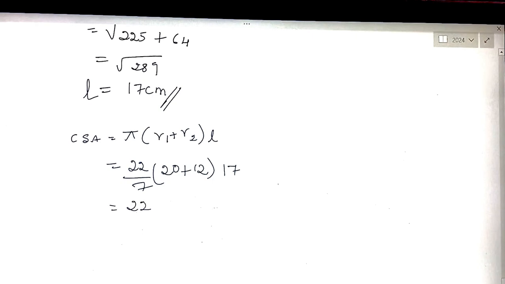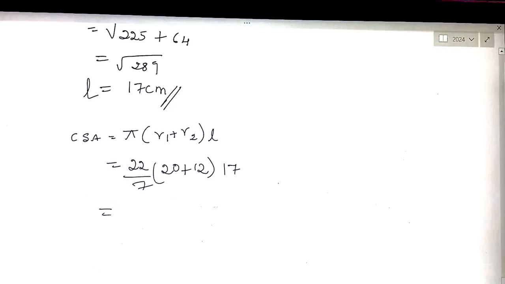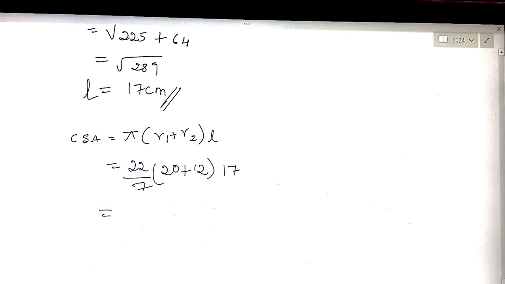That is 22 by 7 into 20 plus 12 is 32 into 17. So 22 into 4 into 17. Okay. So now while simplifying this, we get 22 by 7, 20 plus 12 is nothing but 32 into 17.